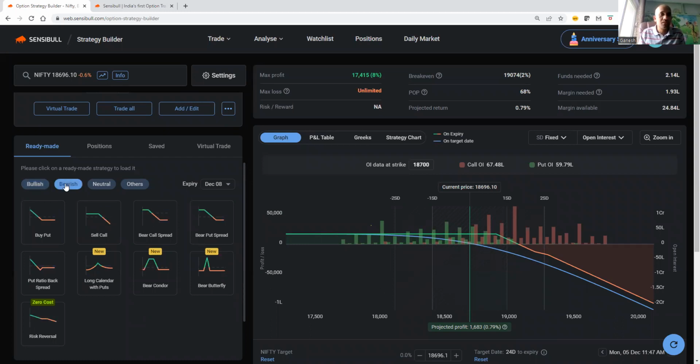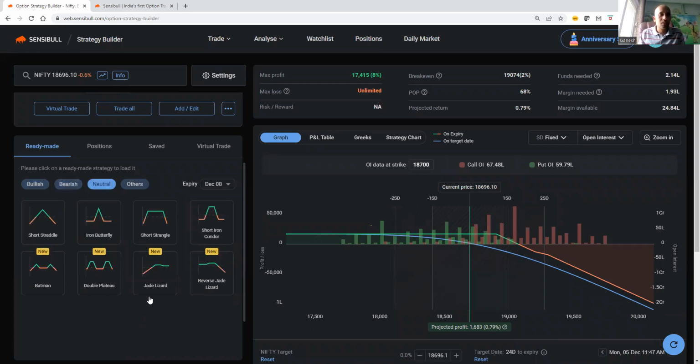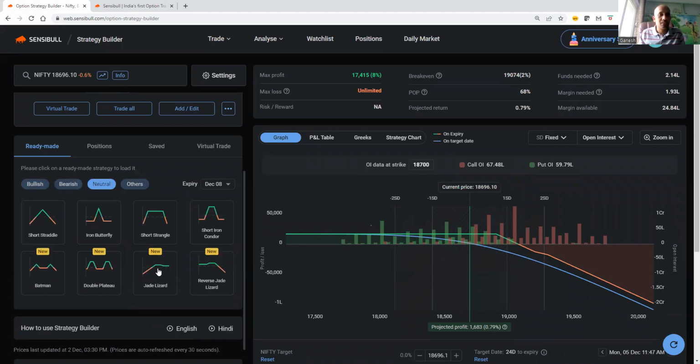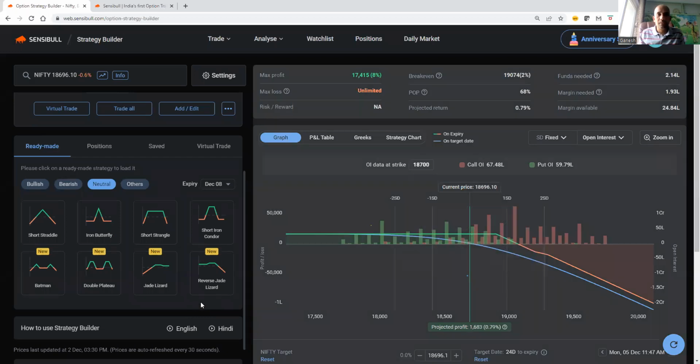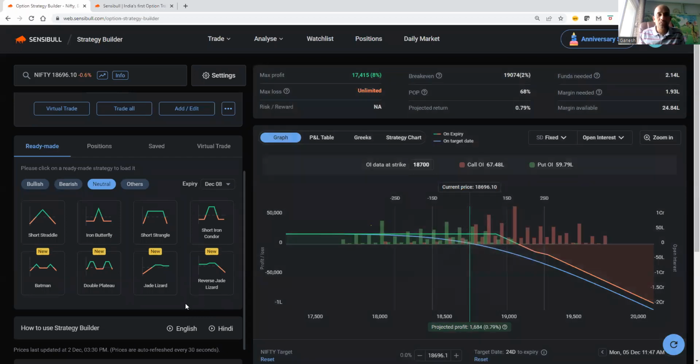The bearish, that's a bearish strategy. Neutral, what are neutral strategies? Iron butterfly and short strangle, we know that, and short iron condor, we know that. Maybe among neutral strategies we know only the straddle, but there are other strategies like jade lizard and reverse jade lizard. This is something I wanted to cover.